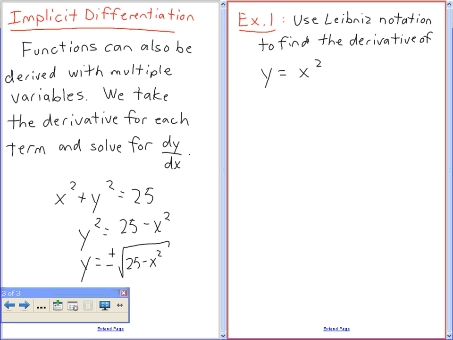So we'll go back to the beginning of the year. Just in English, what's the derivative of y equals x squared from the beginning of the year? It's equal to 2x.